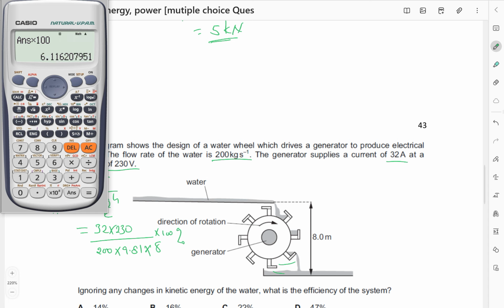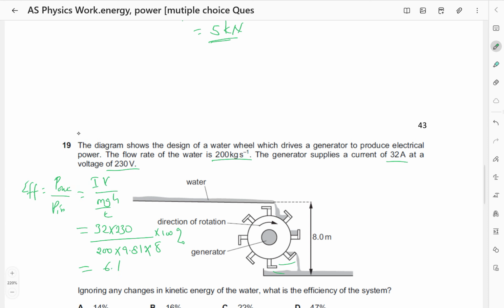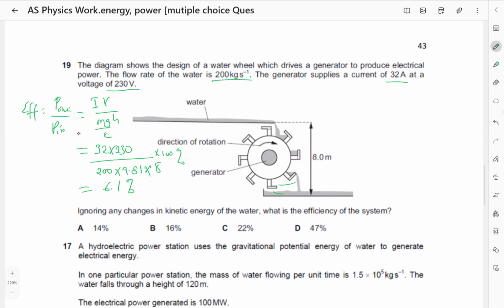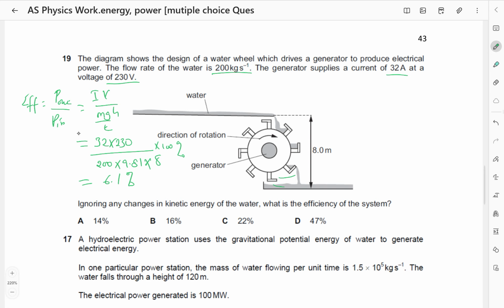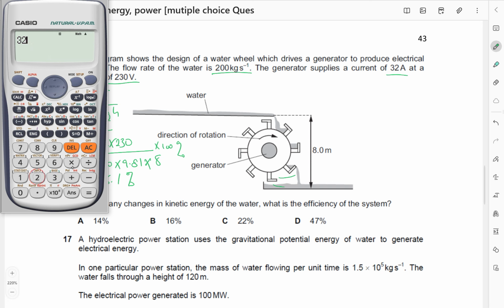which gives 6.1%. Let me check it again. 32 times 230 divided by, open brackets, 200 times 9.81 times 80.